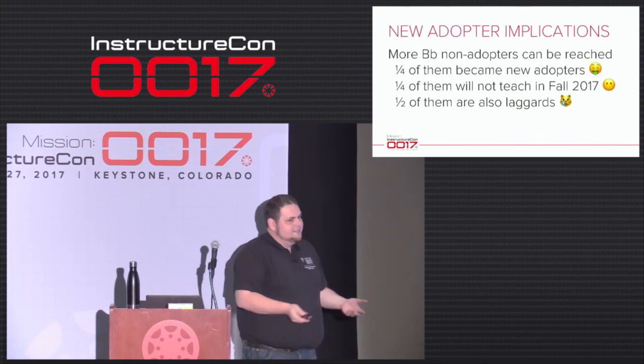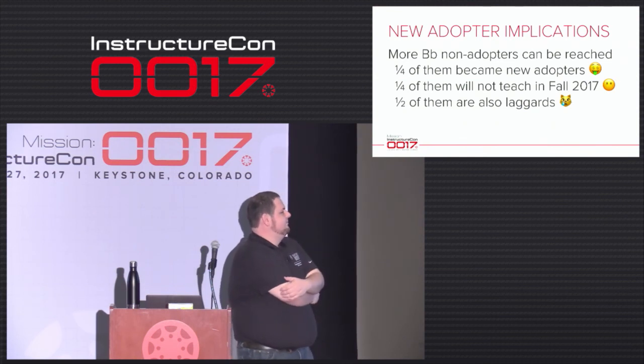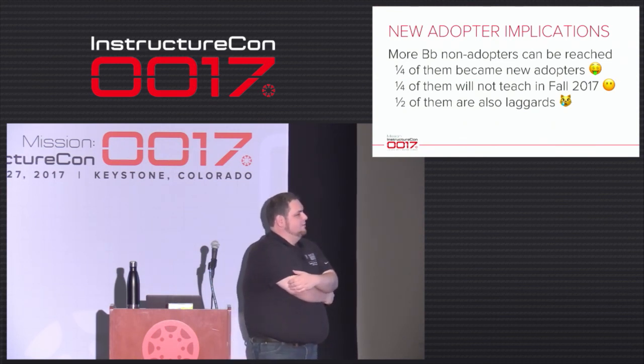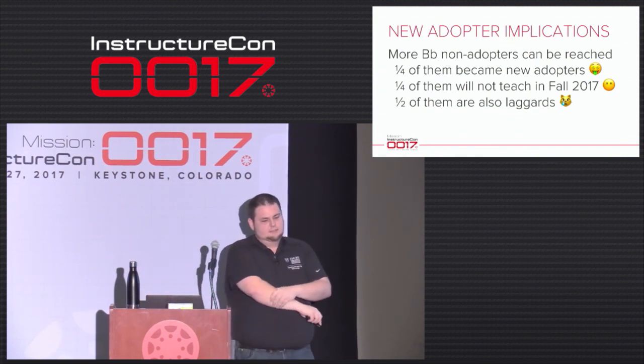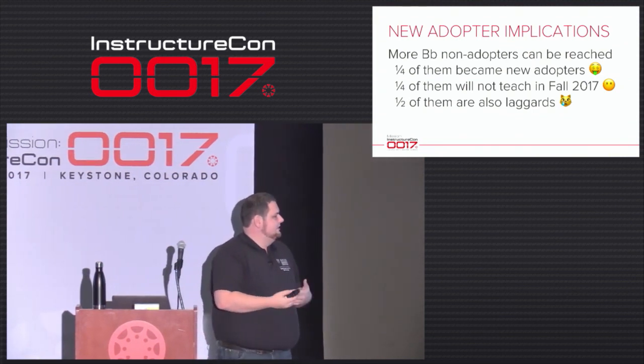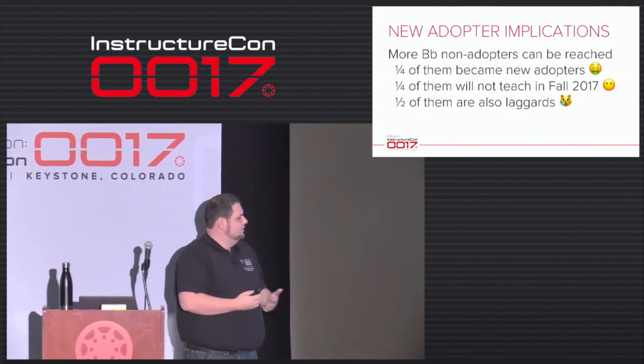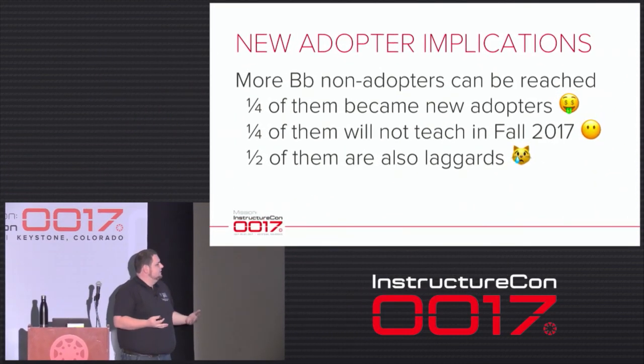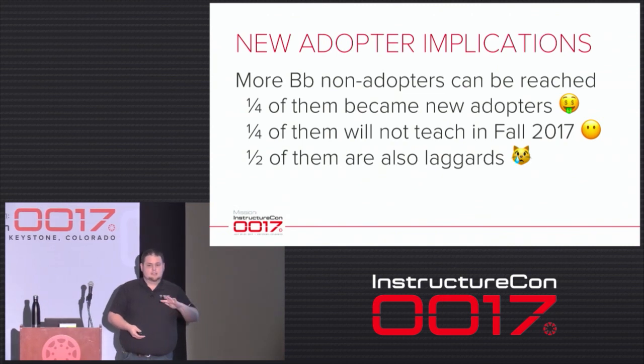What are the implications of these findings? Obviously, more people who are non-adopters of Blackboard can be reached. There are other considerations about why they didn't adopt Blackboard. A quarter of them became new adopters. That's wonderful. And a quarter of the 194 non-adopters aren't teaching the upcoming semester.